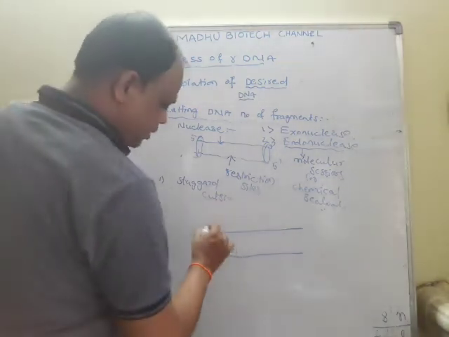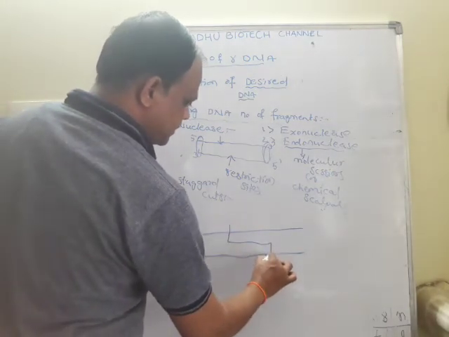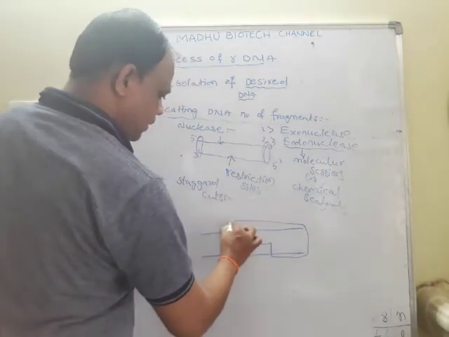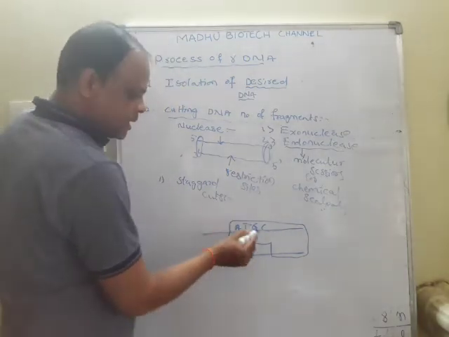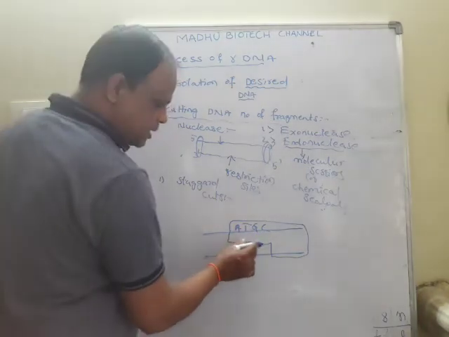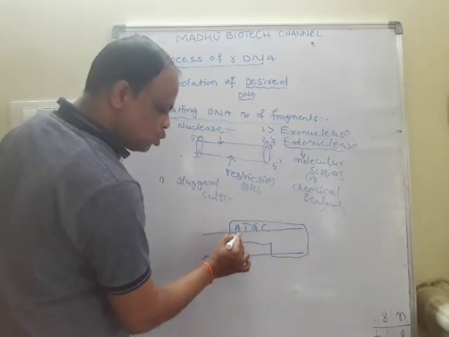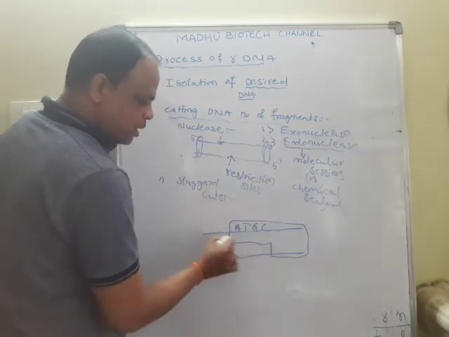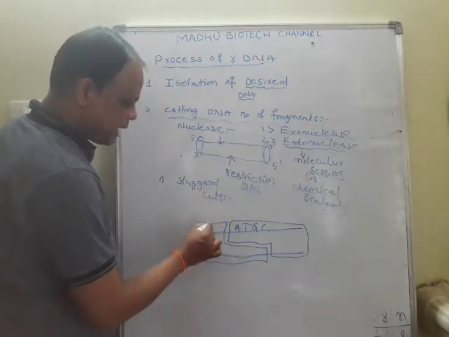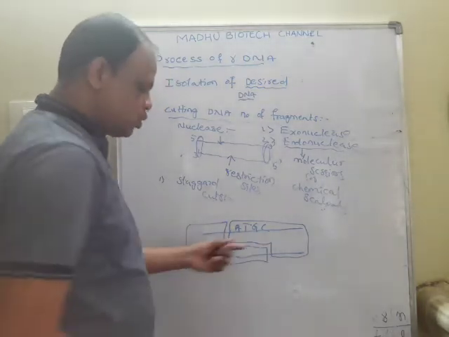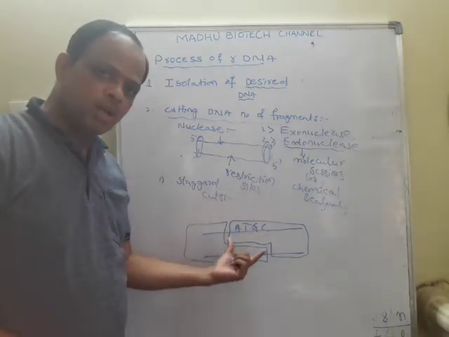So here these are the nitrogen bases. These 4 nitrogen bases are broken from the double strand, leaving 2 or 4 unpaired nitrogen bases. This cutting is called staggered cutting.